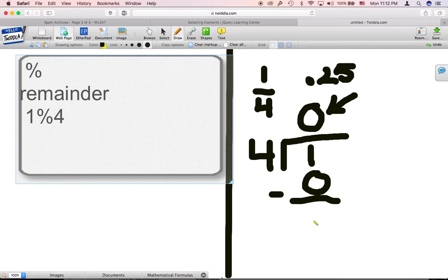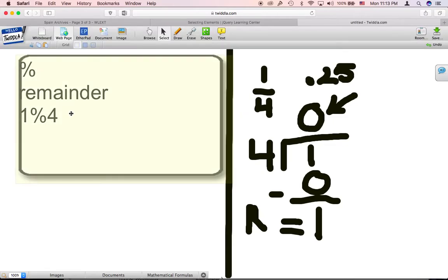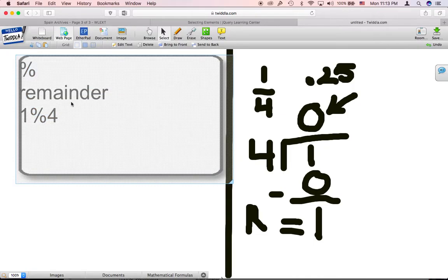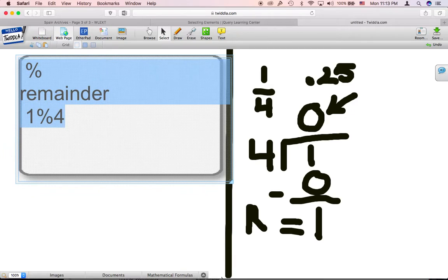And 1 minus 0 is 1. That is our remainder, and that is our answer. It's as simple as that. So, if we go back over here to our text, we can say 1 modulus 4 equals 1.